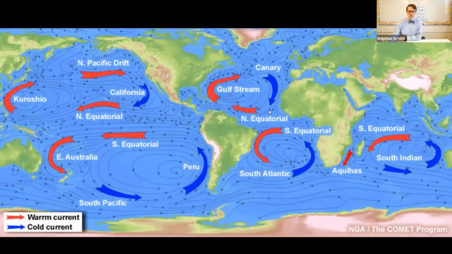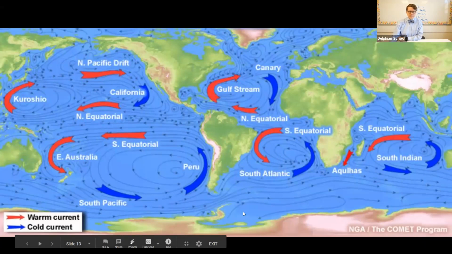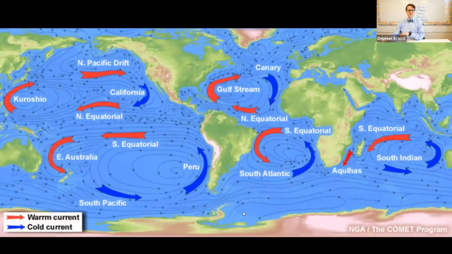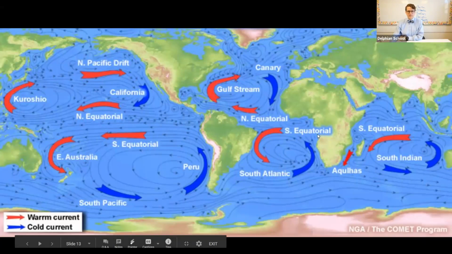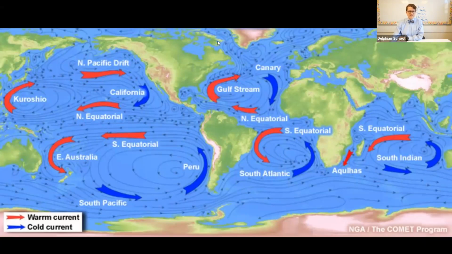The water will go down towards the equator, the center of the map there, and it'll warm up, and then it'll keep going in that circle, and it'll go up towards the Arctic, or if you're on the southern part of the planet, it'll go down towards the Antarctic, and it'll get cold down there, and then the cold water circles back up towards the equator, where it warms up again, and then it goes back down. And it's this constant dance.